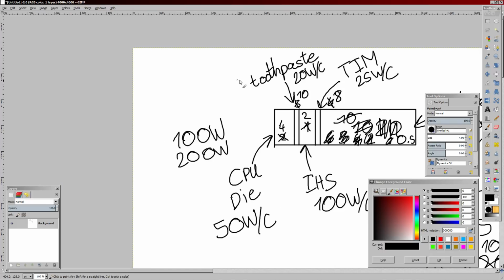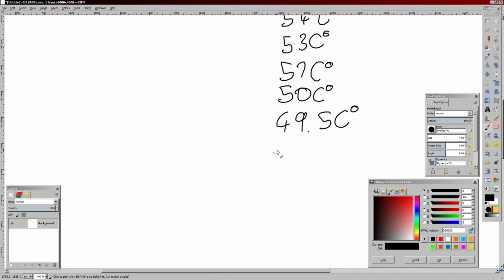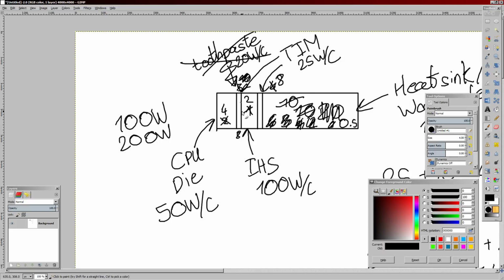We just get rid of the toothpaste, and we start using TIM there as well. We go from 10 degrees to 8 degrees, and bam, we now drop 2 degrees, because we are now gaining 2 degrees less across that part of the cooling system.